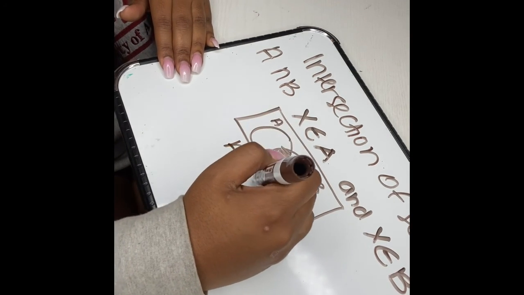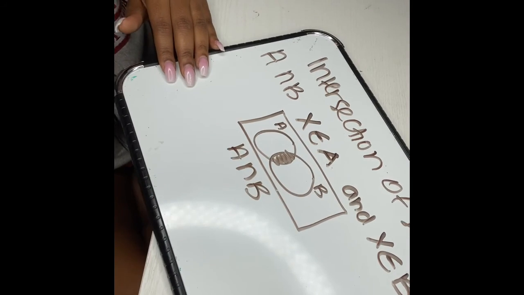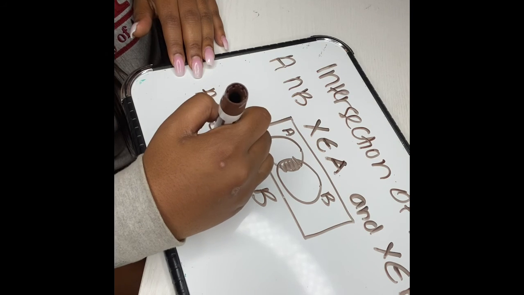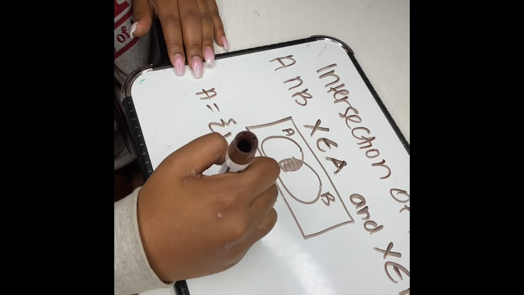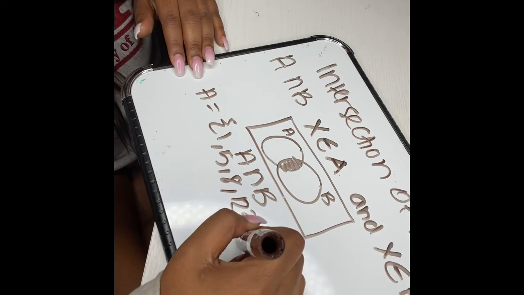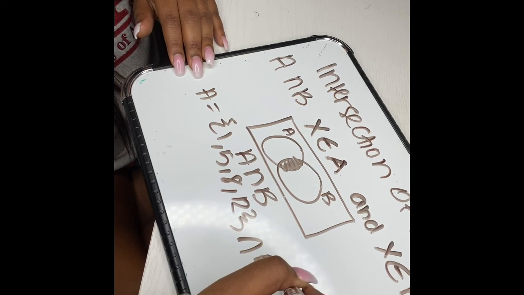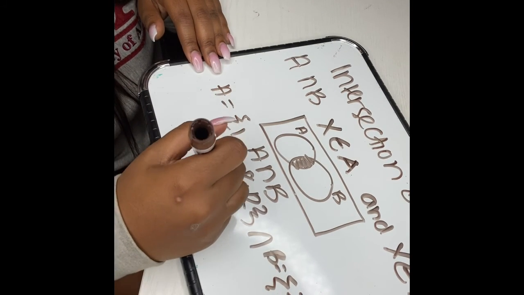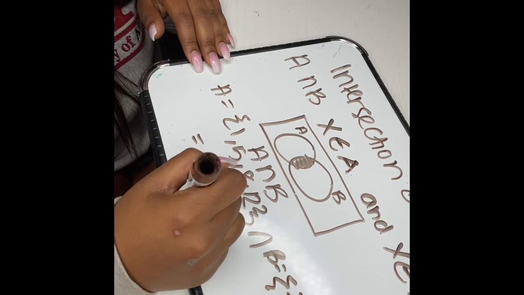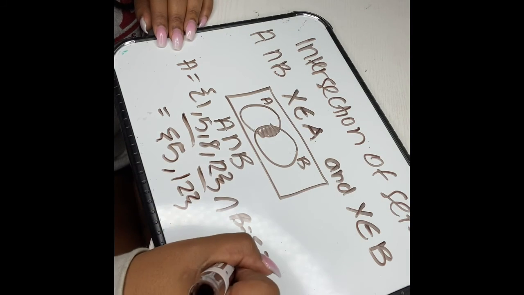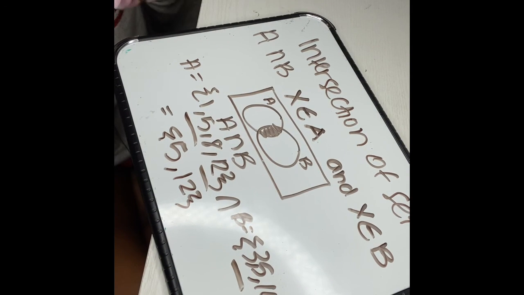Therefore, A intersects B. So if you have set A equals 1, 5, 8, and 12, and then set B is 3, 5, 10, and 12, the intersection will be 5 and 12, given that 5 and 12 are in both sets. They intersect at 5 and 12.